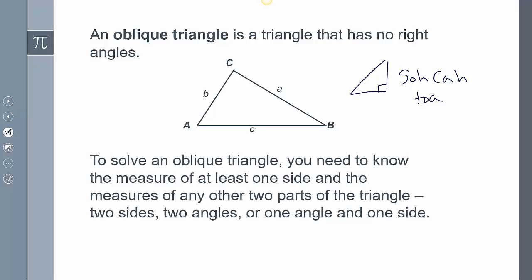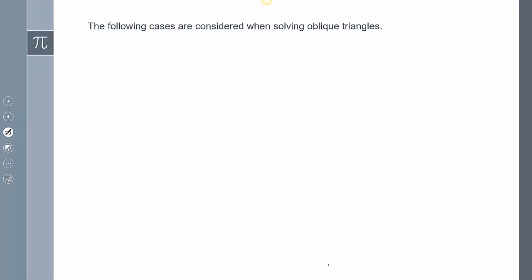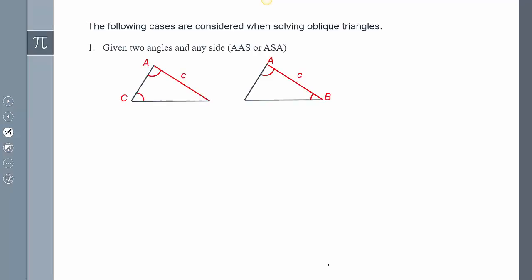Now to solve an oblique triangle, we need to know the measure of at least one side and the measure of 2 other parts. And you're going to notice that if I have a side and 2 other parts, it's going to create a series of relationships. And so the following cases are going to be considered when solving these oblique triangles.